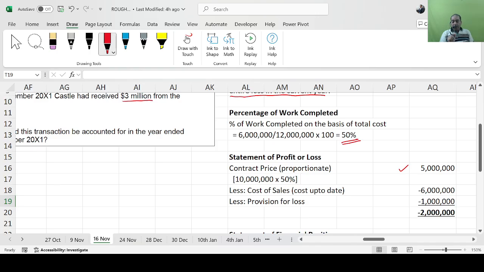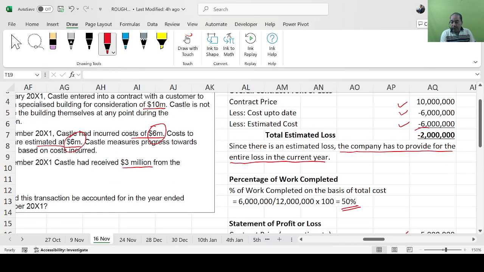Minus cost incurred up to date. How much? $6 million. So these two figures are known. So 5 minus 6 is already giving us a loss of minus 1. But I want minus 2. I don't want minus 1. I want minus 2, because the loss that is estimated, we have to make full provision of this $2 million.